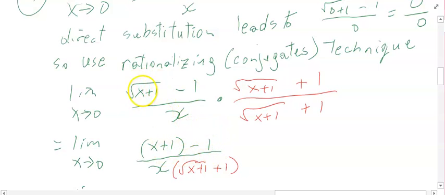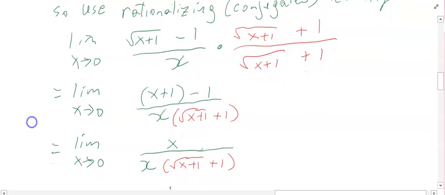So that's going to be radical x plus 1 all squared, which is just x plus 1, and then minus 1 squared, which is 1, all over x times radical x plus 1 plus 1, which is what it was in our denominator.